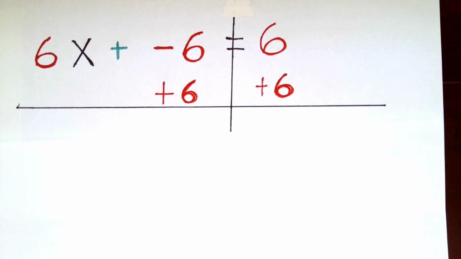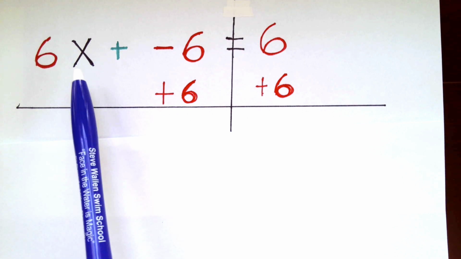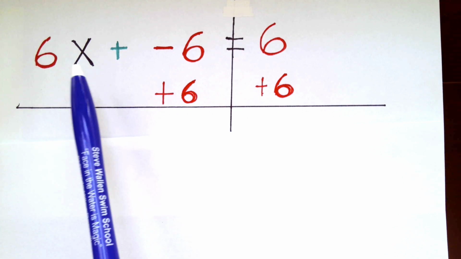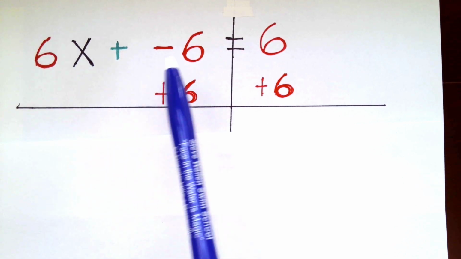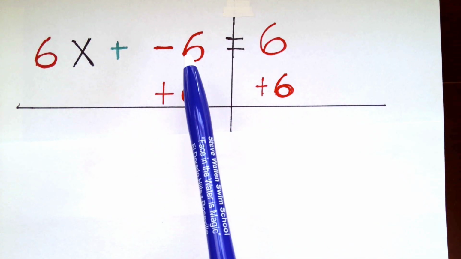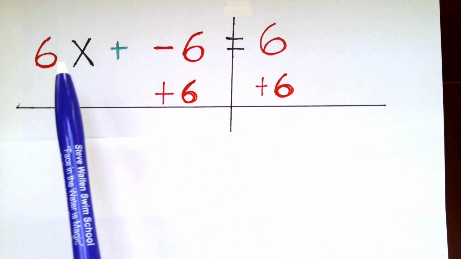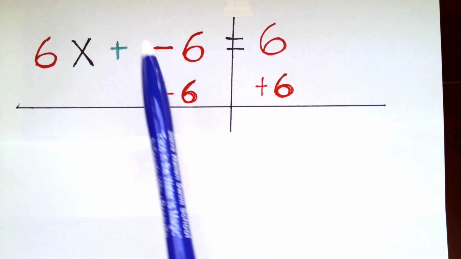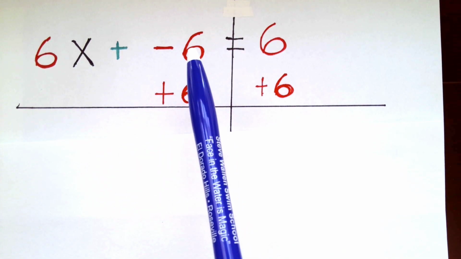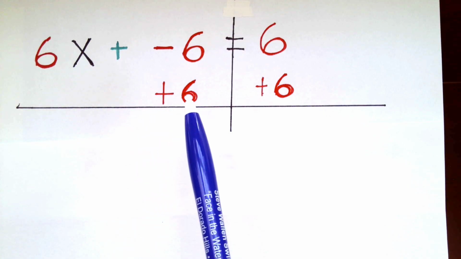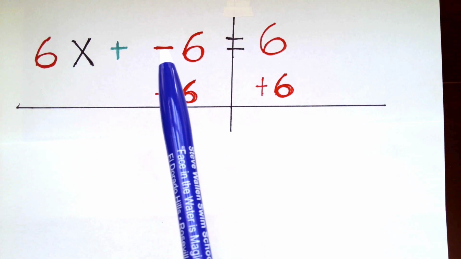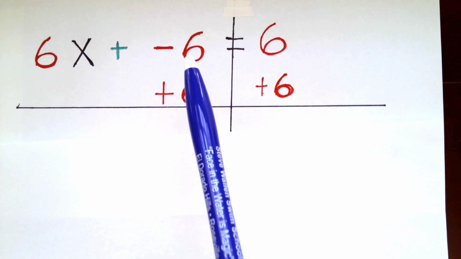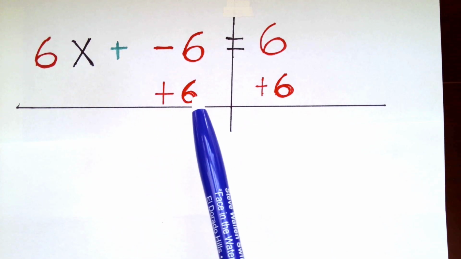My whole goal again is to solve for x, get x by itself, to determine the value of x. So one at a time, I want to eliminate that negative 6, and I'd like to eliminate the 6 attached to x through multiplication. What is the opposite of a negative 6? It's a positive 6. Or what's the opposite of subtracting 6? You're going to add 6, right?